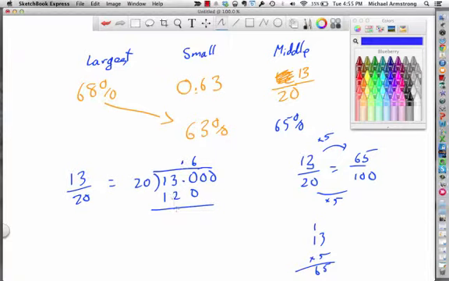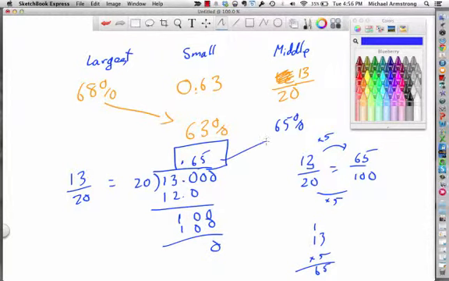So 0.6 times 20 is 12.0. I know you know how to do that. So we're going to subtract. That gives us 10. We're going to go to 100, and then 5 times 20 is 100, and that gives us 0 remainder. So we got 0.65, which we already knew.